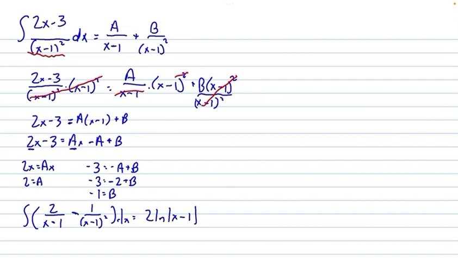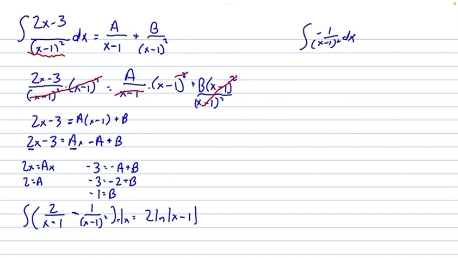But we have to do something a little bit differently on this second part. Here we have to go back into u substitution. So let's go back here. We have negative 1 over x minus 1 squared, antiderivative.